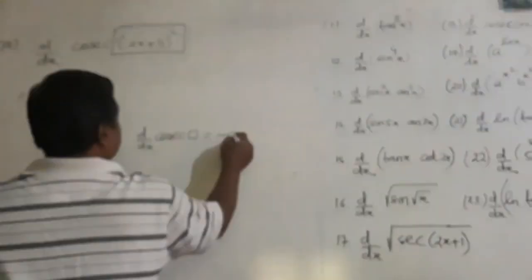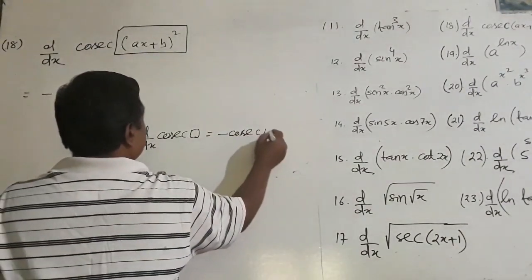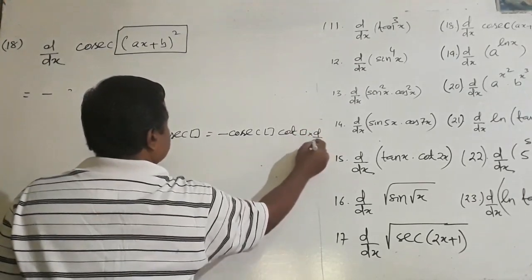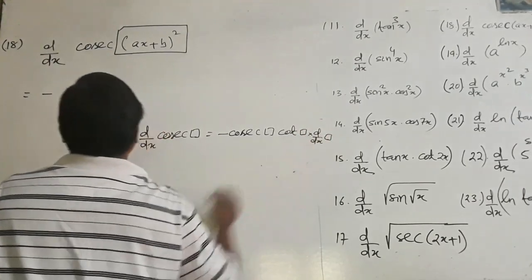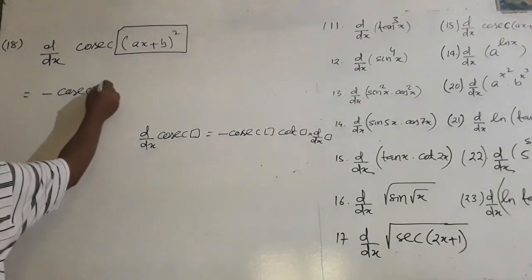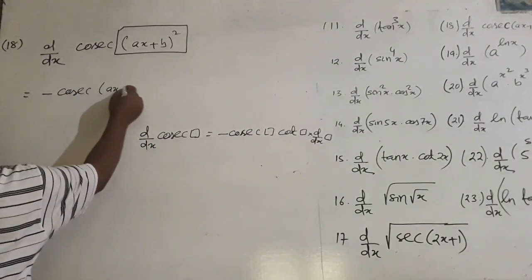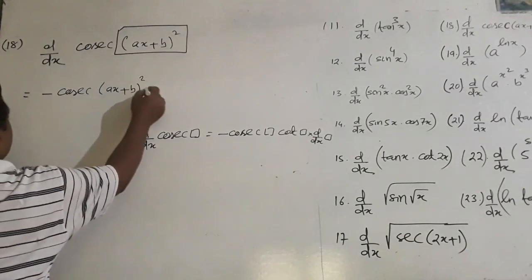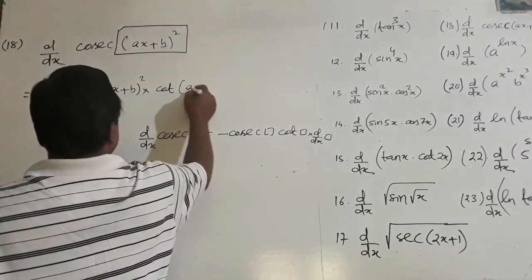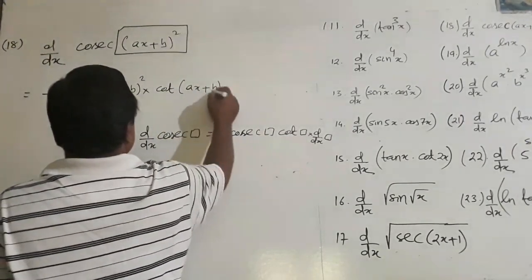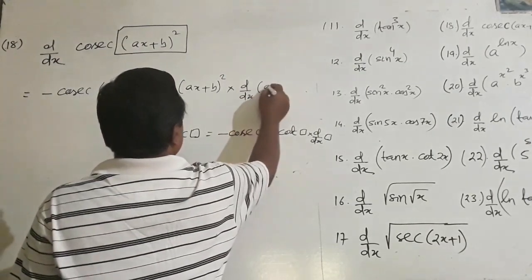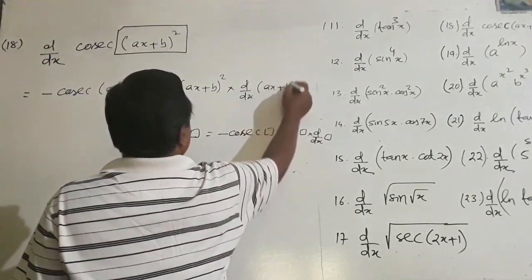It is minus cosec box into cot box into d by dx of that box. So the answer is cosec ax plus b whole square into cot ax plus b the whole square into d by dx of ax plus b whole square.